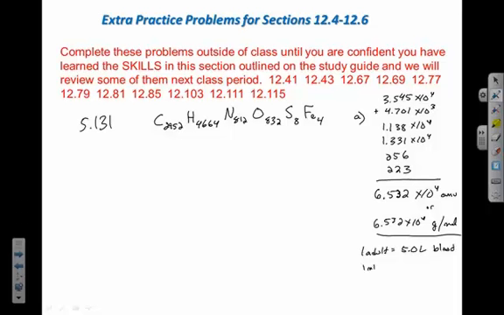So 1 milliliter of blood equals 5.0 times 10 to the 9th blood cells. And every blood cell has 2.8 times 10 to the 8th hemoglobin molecules. So 1 cell equals 2.8 times 10 to the 8th molecules of hemoglobin.